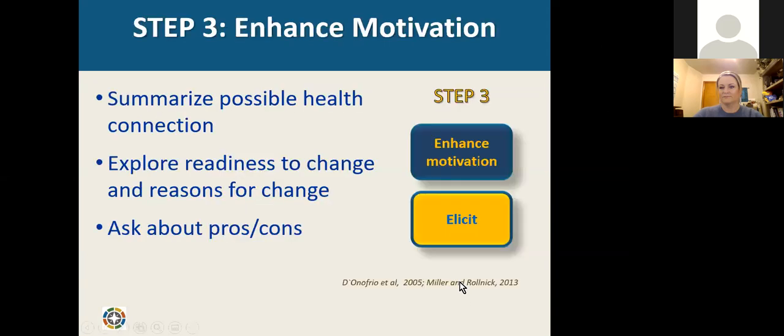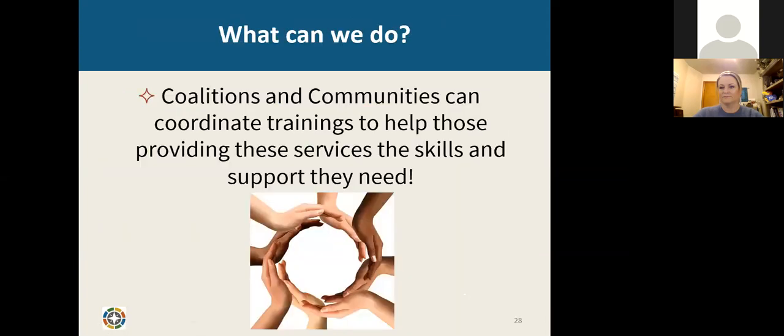Okay, so step 3, as we look to enhance motivation. In this step, individuals who are providing that brief intervention are going to be talking about the health connection, exploring the readiness to change, maybe again asking about the pros and cons. Those are some of the skills used in that, but really looking at that motivation and how do we motivate people towards change. So here, I think coalitions and communities can help by coordinating trainings to really give those providing these services the skills and support they need.